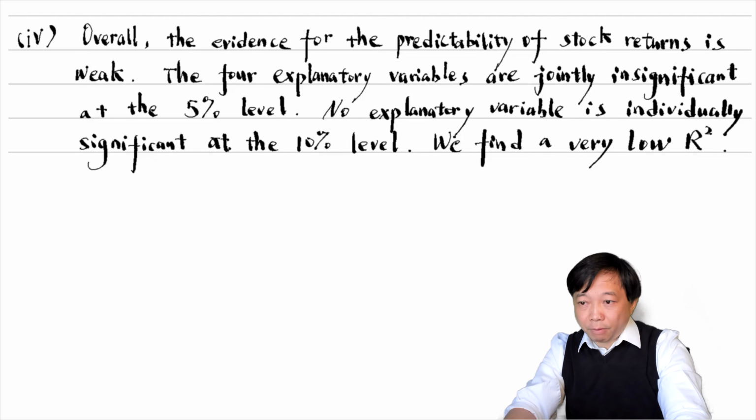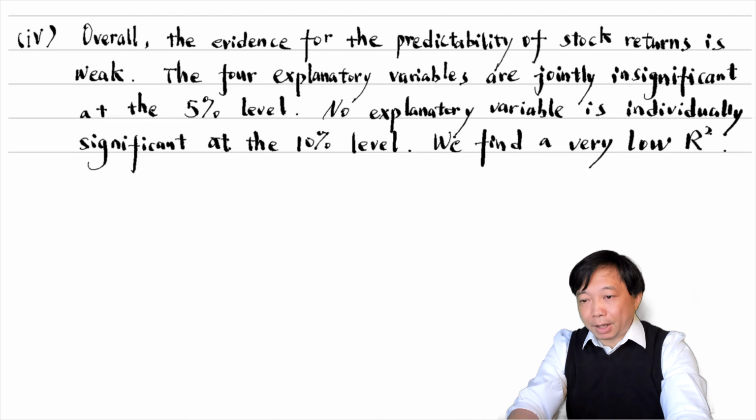No explanatory variable is individually significant at the 10% level. The explanatory variables do not have significant effects on the stock returns. We also find a very low R-squared. Less than 4% of the variation in the stock returns is explained by the variation in the 4 explanatory variables.